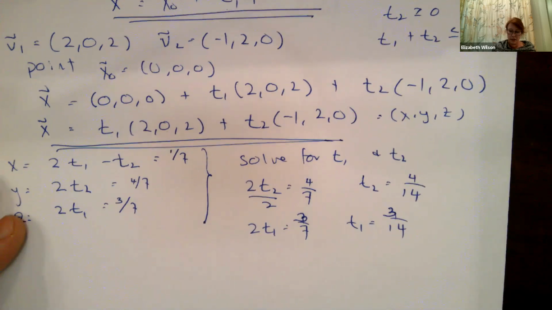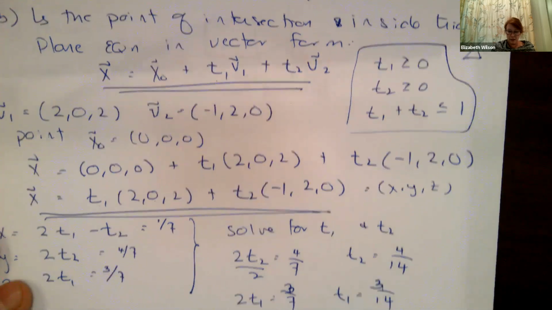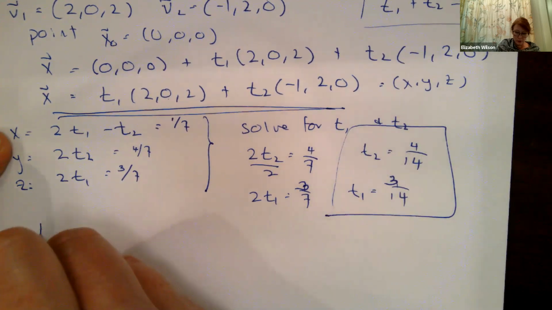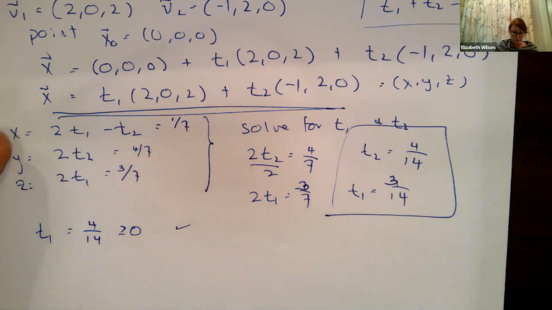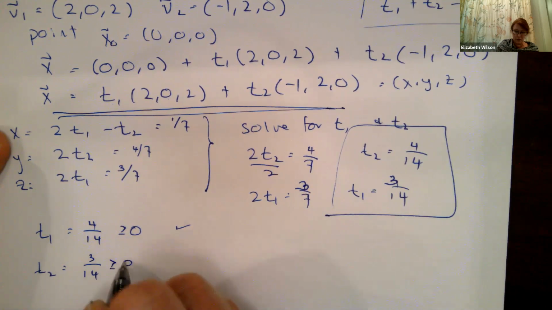Okay. All right, so now I have T1 and T2. Now I have to check this criteria here to see if it's valid. Here's T1, T2. So T1 equals 4/14, which is greater than or equal to 0. Check. T2 is 3/14, which is greater than or equal to 0. Check.